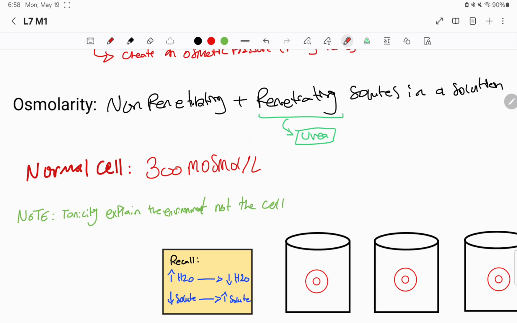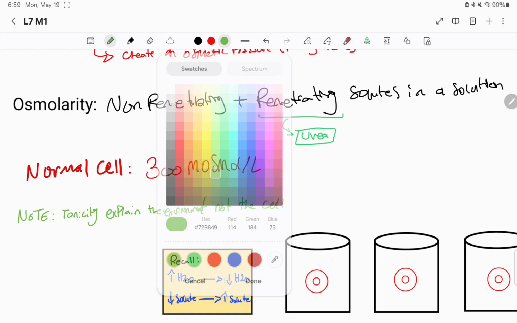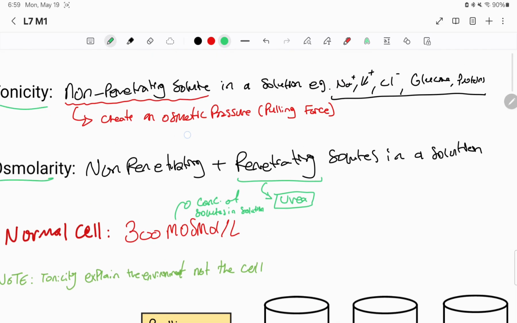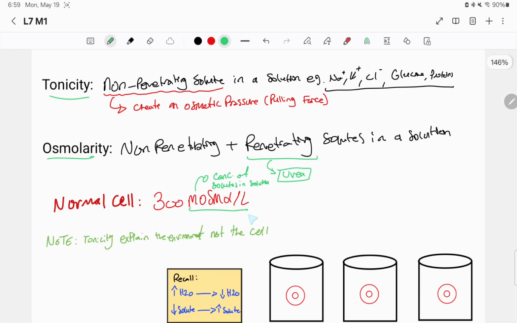Milliosmoles per liter is talking about the concentration of solutes in solution. And when we're talking about both osmolarity and tonicity, we use milliosmoles per liter as a unit of measurement.